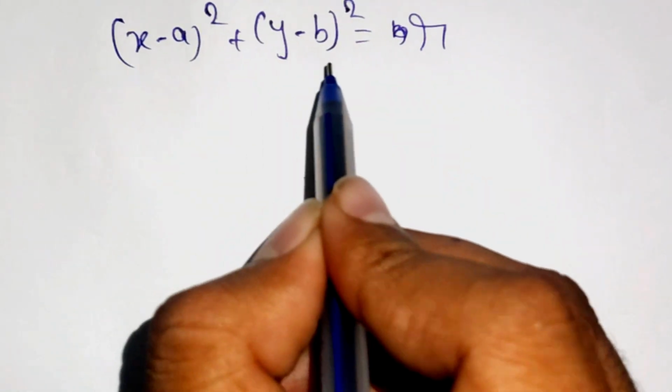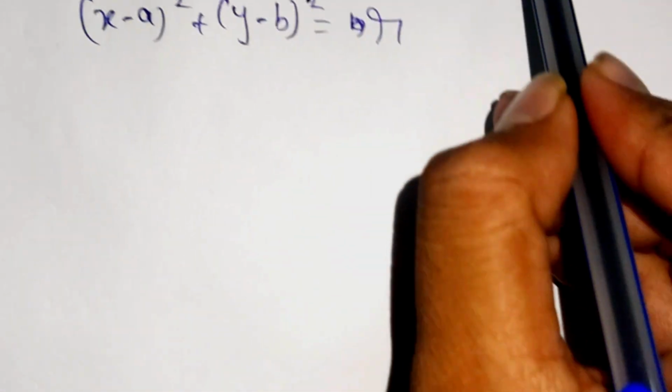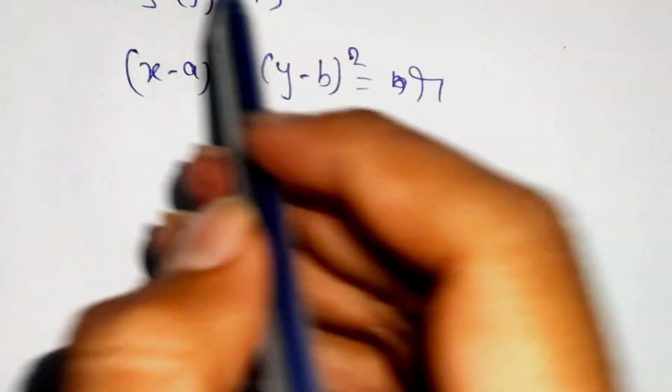So this is the formula for finding the circle equation when we have the center minus 1 comma 1 and also the radius.